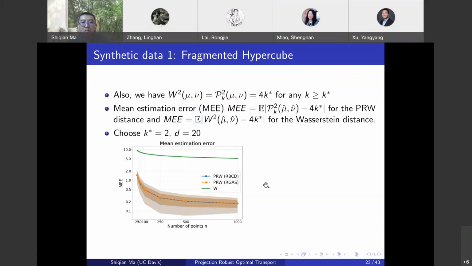So in this sense, we demonstrated that the projection robust Wasserstein distance can indeed mitigate the curse of dimensionality. For example, if you want to achieve the same error, then if you use the projection robust Wasserstein distance, you don't need a very large number of sample data.